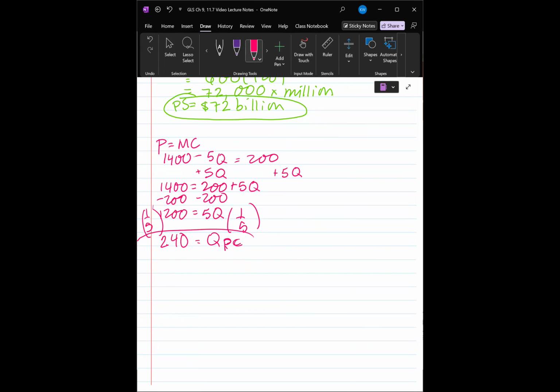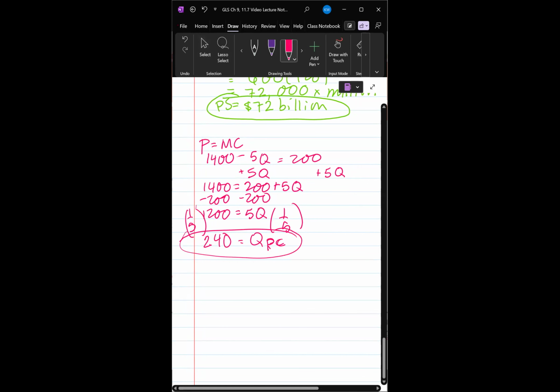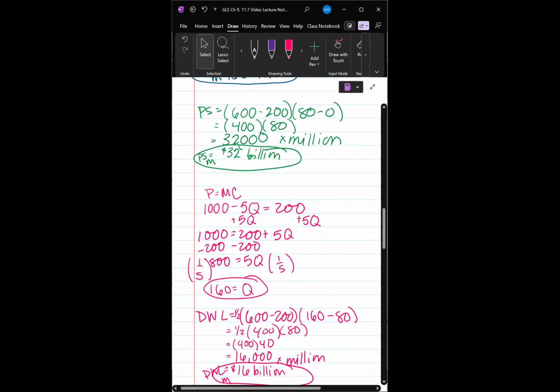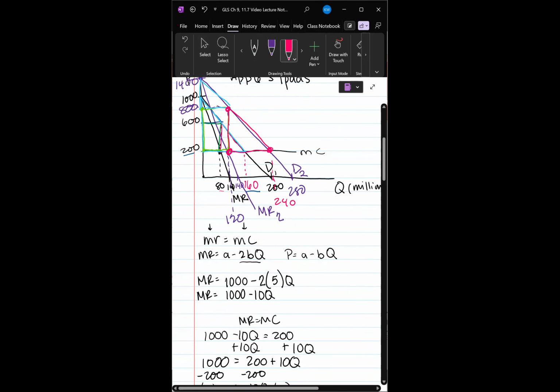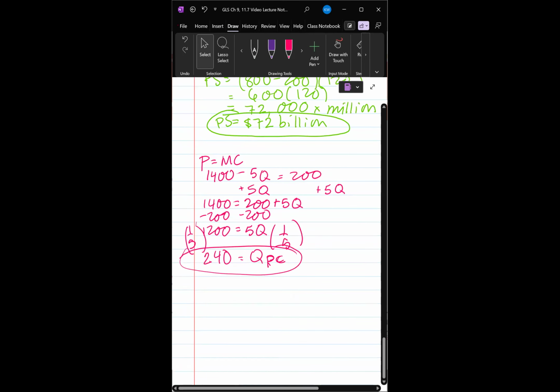Okay, 240 million iPads being produced. So we can go ahead and write that into our graph. It's 240. It's twice what the monopolist produces. So you could have anticipated that value as well.